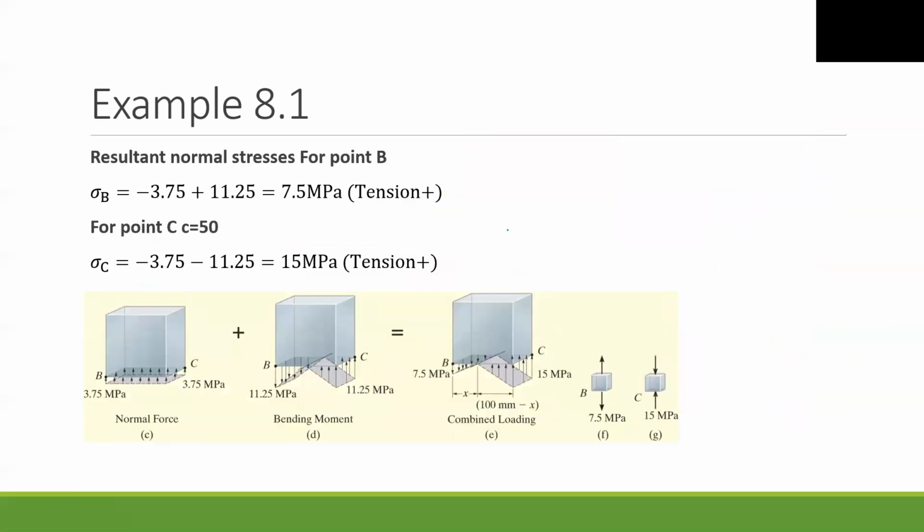So if I add these values, you can see I put negative for compression and positive for tension. For point B, 7.5 for tension at sigma B, and sigma C is equal, but negative. Therefore, I miswrote it. It's not tension, this is compression and negative. Sorry, copy and paste error.